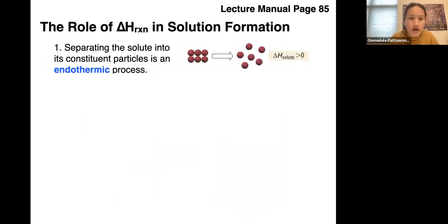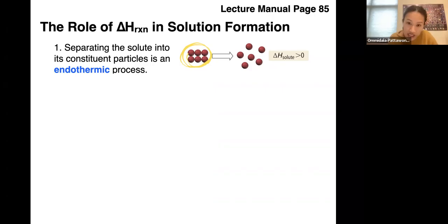Let's take a look at the first one. When you form a solution, the first step involves separating solute particles. Solute molecules are together, interacting with each other, held together by IMF. In order for them to separate, because they need to mix with the solvent, it's going to require energy to separate each of these particles or molecules.